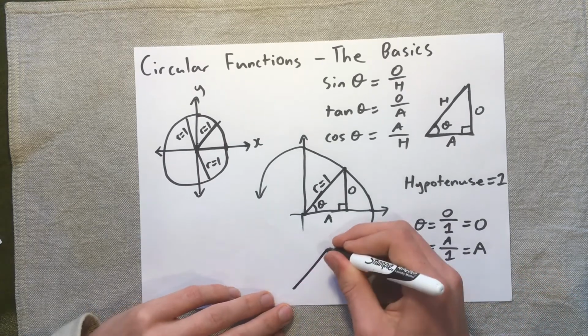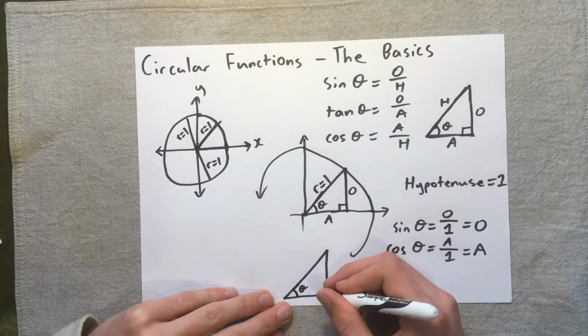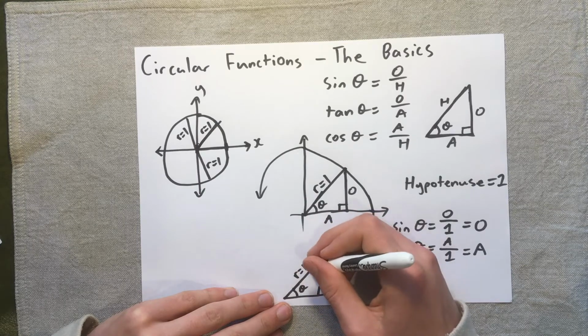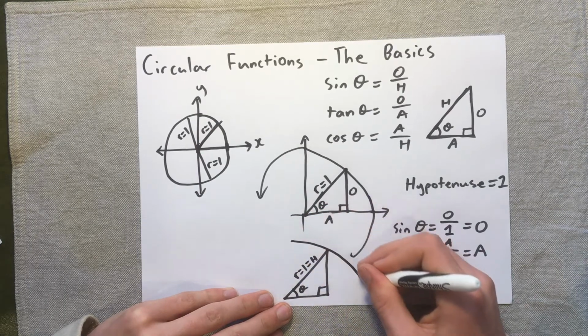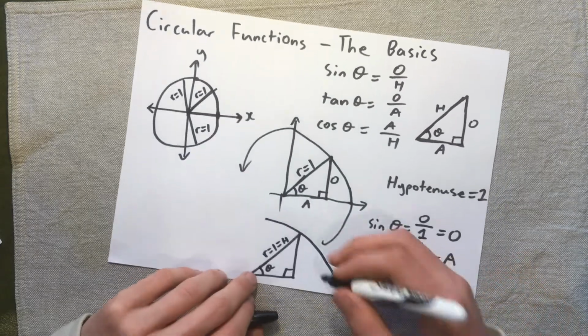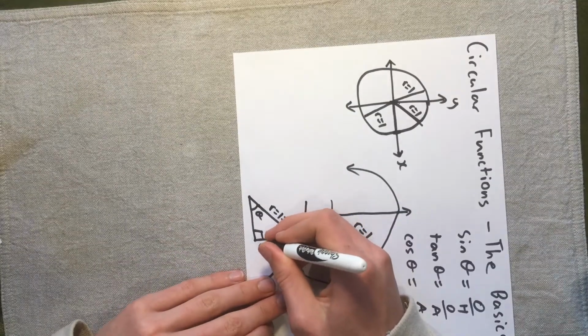What does this mean? Well, if we draw our triangle out again, if we know this is our r equals to 1 equals to h, if we know that this sine theta is equal to opposite, and this is our opposite here, can't we just write sine theta?